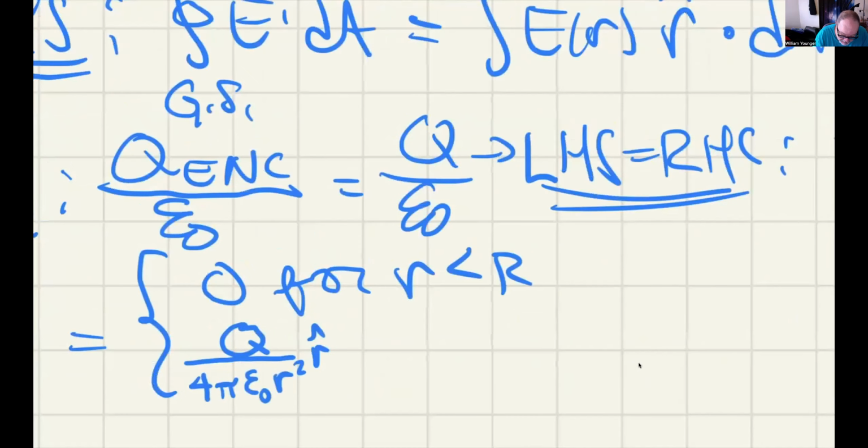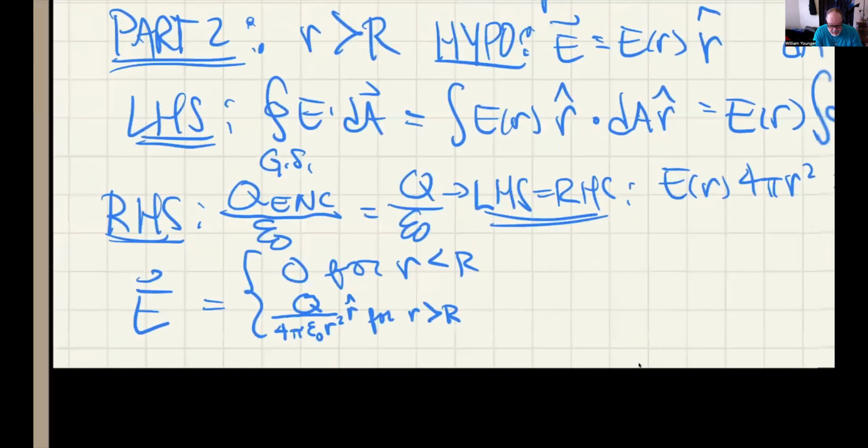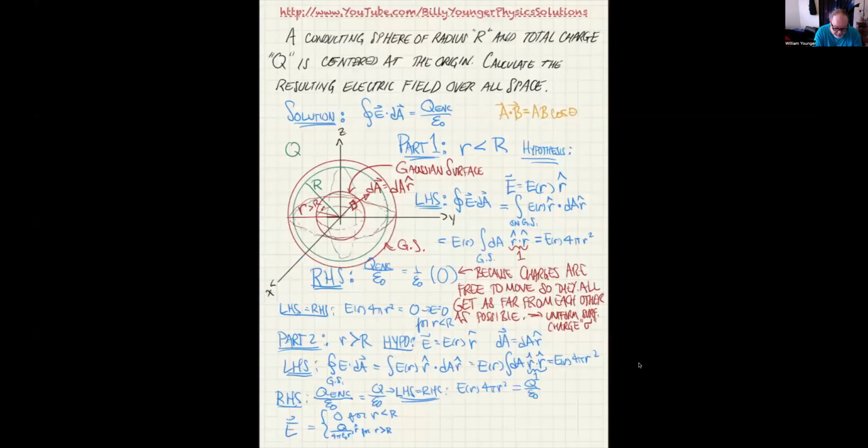And I'm going to say this is for r greater than big R. So this is a component of the electric field that happens to be perpendicular to the surface of the actual charge distribution.